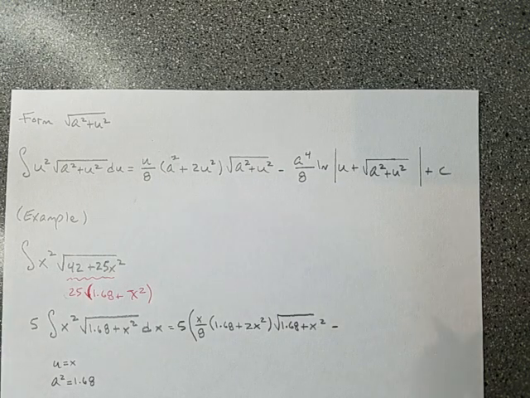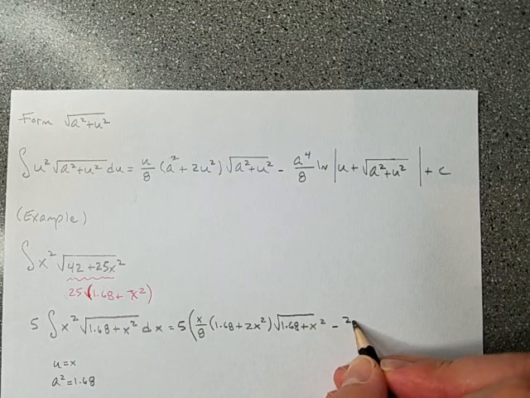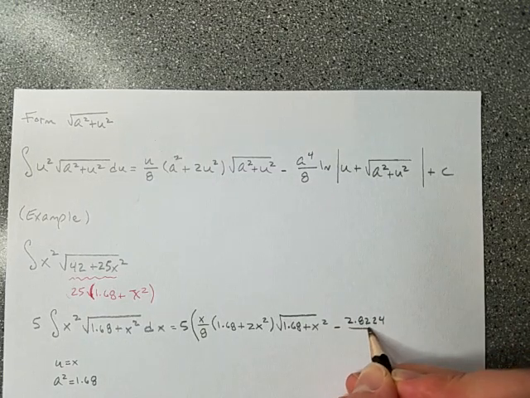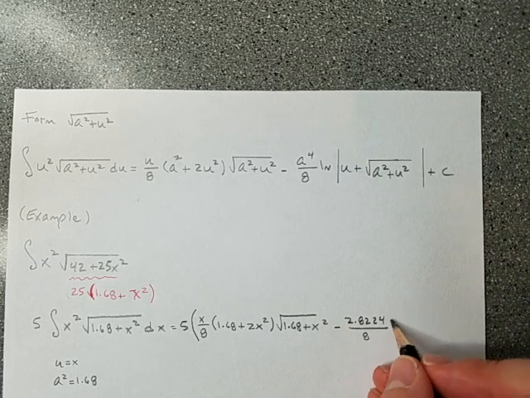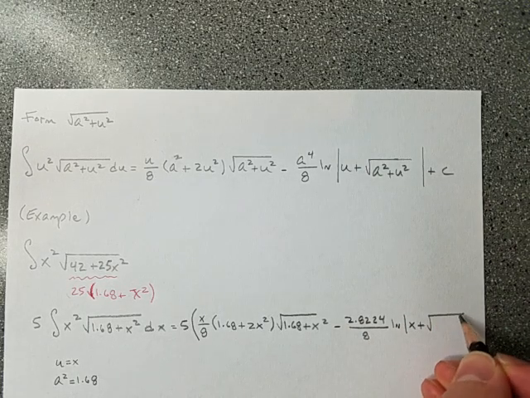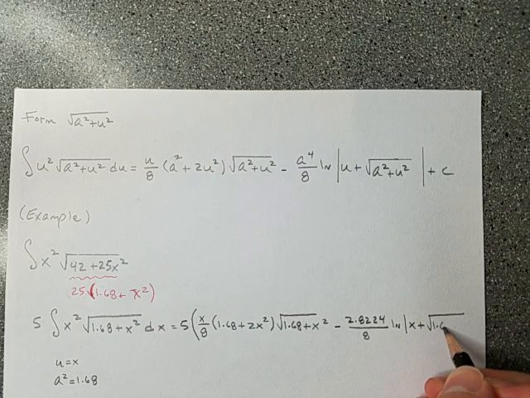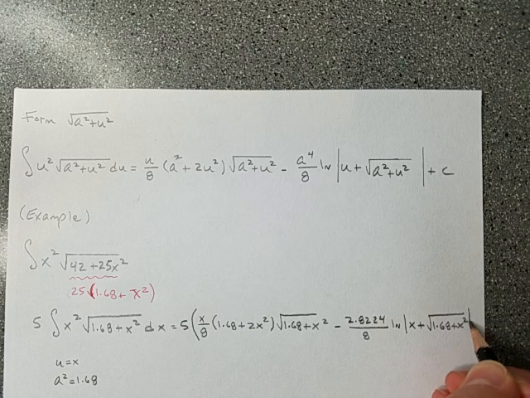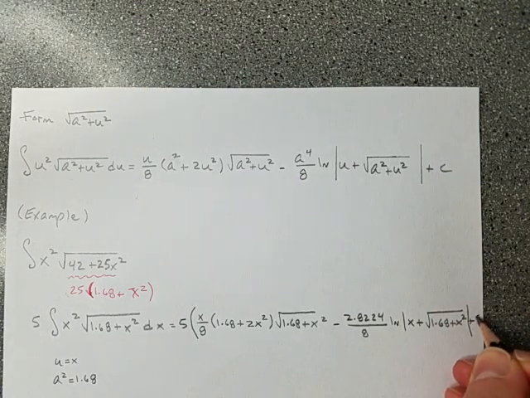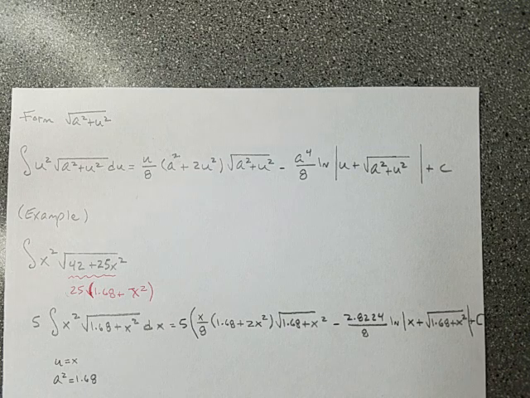So next I'm going to get 2.8224 over 8, and then natural log of x plus root 1.68 plus x squared. And then let's squeeze it in there, you know it's there, plus c, the constant of integration.